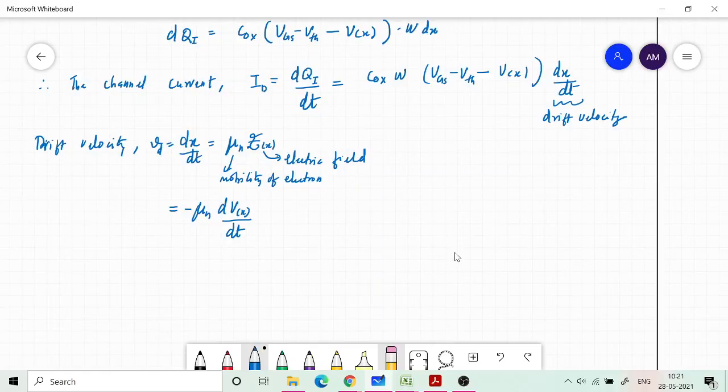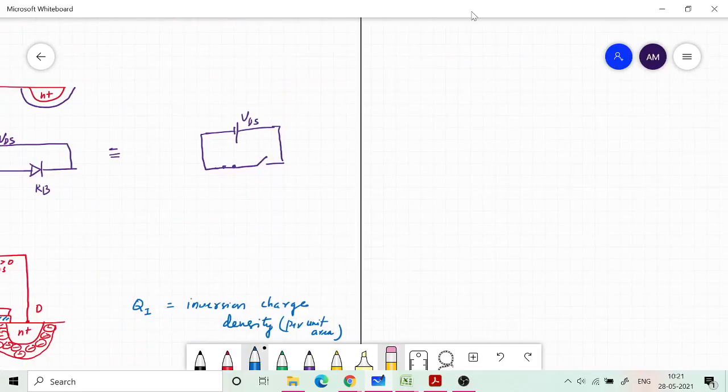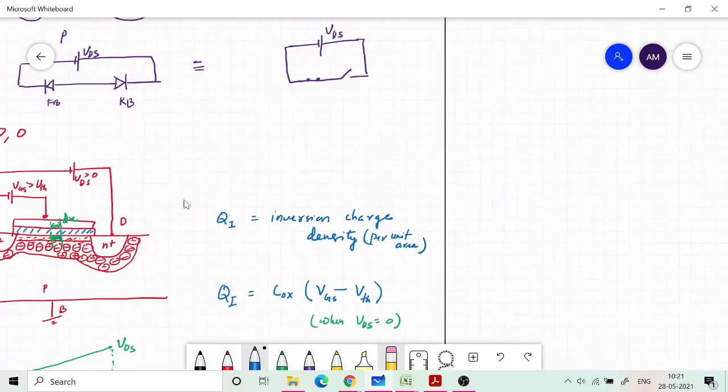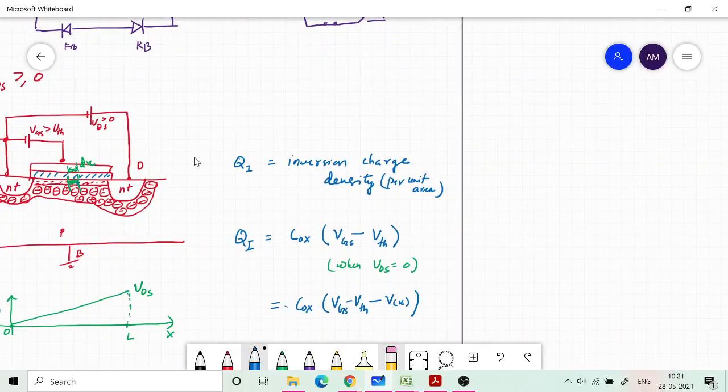Another thing I should have already included is that the inversion charge is going to be negative because they are electrons, so I need to give a minus sign here, Cox into Vg. It's a negative charge, so I need to put this negative sign here everywhere.